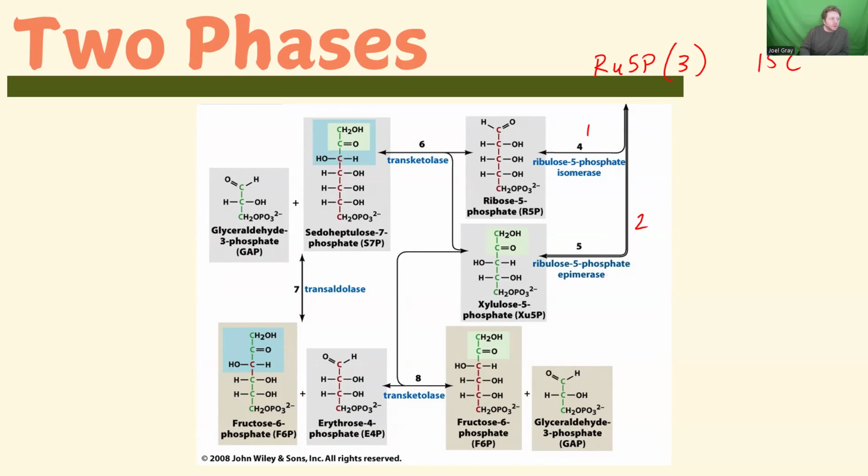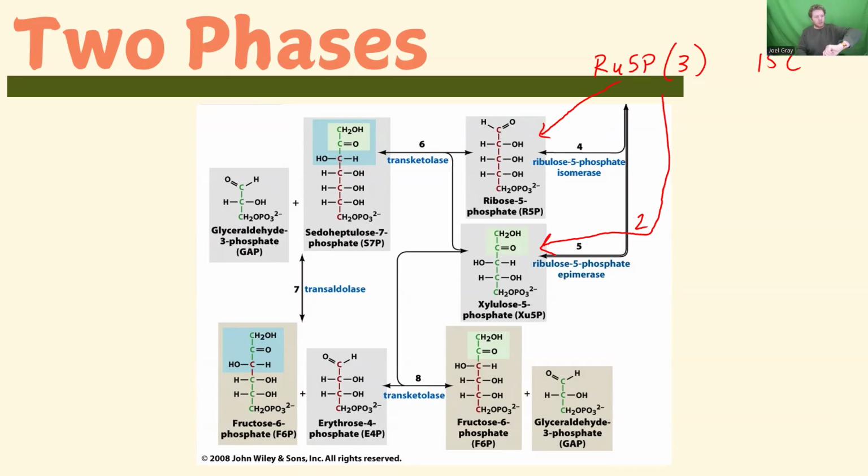One of my ribulose 5-phosphate molecules is going to be isomerized to make ribose 5-phosphate. This is a 5-carbon molecule. What about our other two? Well, I'm going to swing this arrow by the 2 to indicate that the remaining two of those molecules are going here.